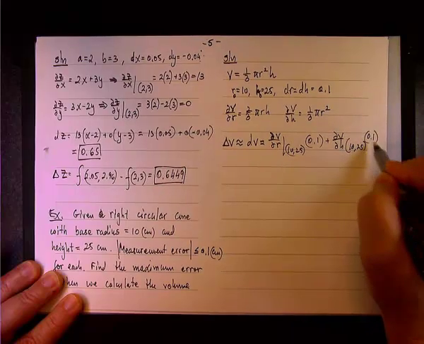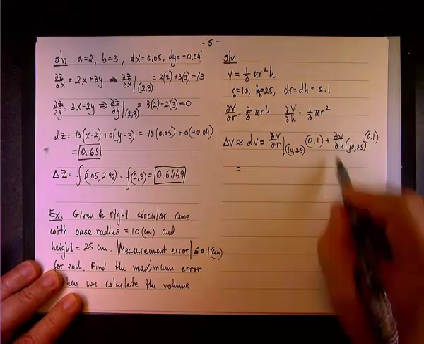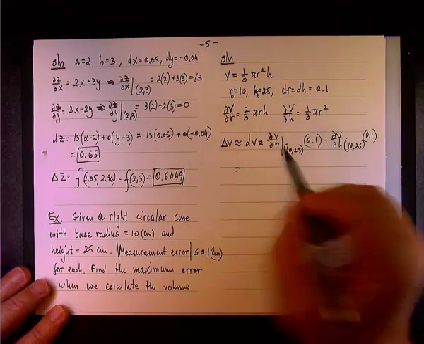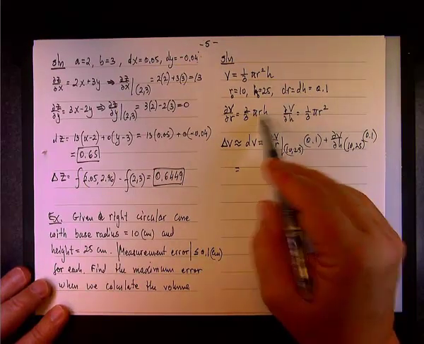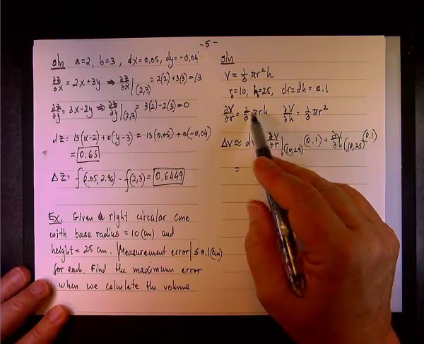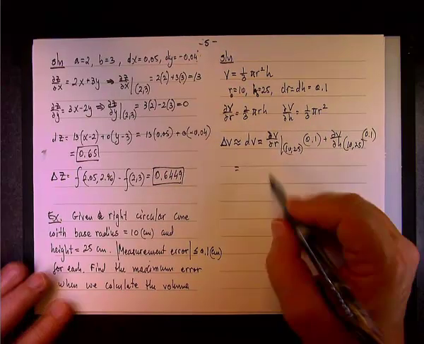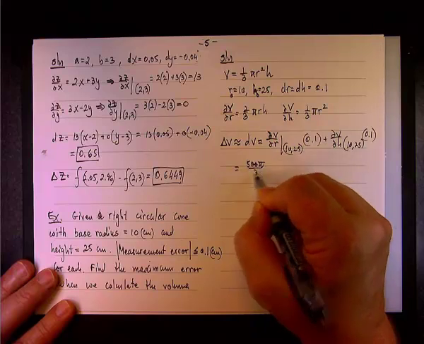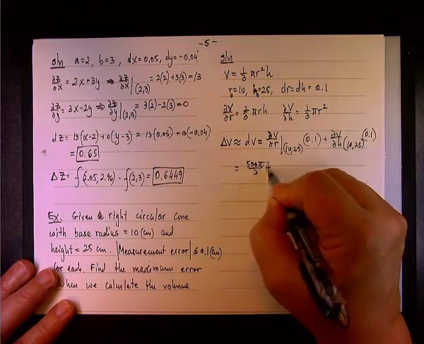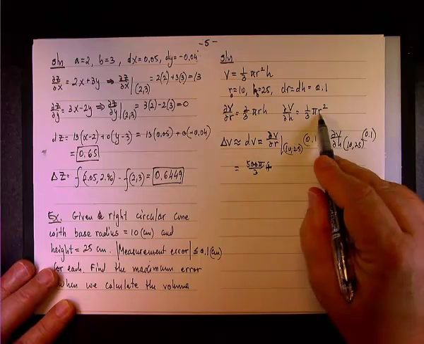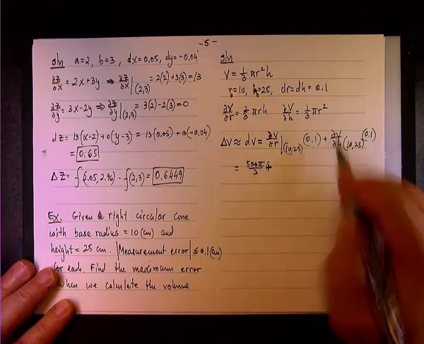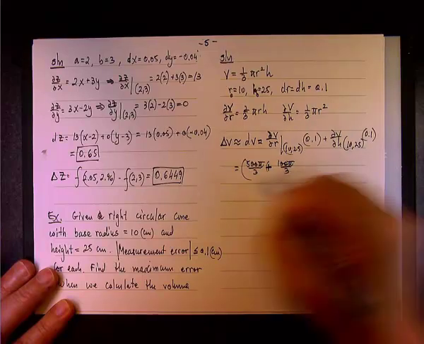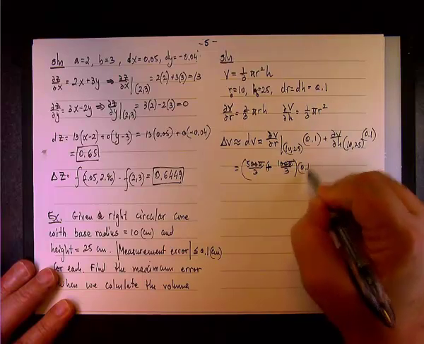So it will be del V del R at (10, 25) times 0.1 plus del V del H at (10, 25) times 0.1. Then we have 10 times 25, 250 times 2, 500.